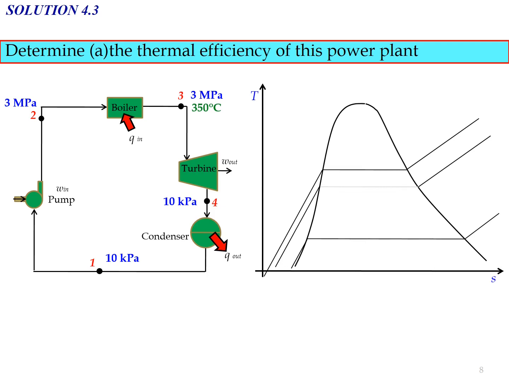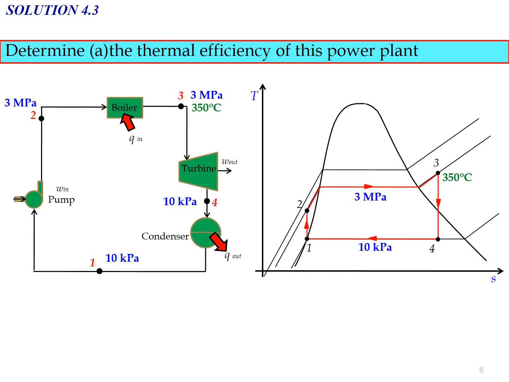Other than the schematic diagram, we also need to draw or sketch the TS diagram and plot the information given to increase our understanding about the problem. So we have 4 states involved, and because the process is an ideal Rankine cycle, the compression process will be isentropic. Expansion process in the turbine is also isentropic.